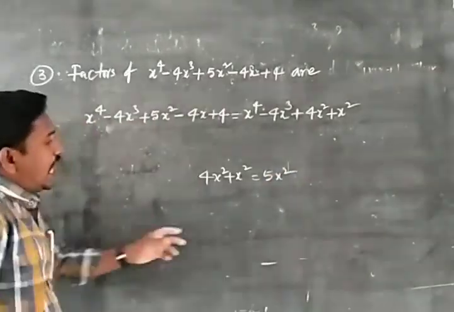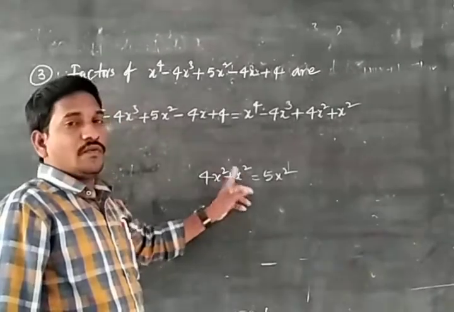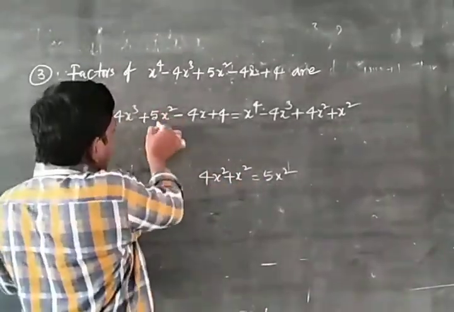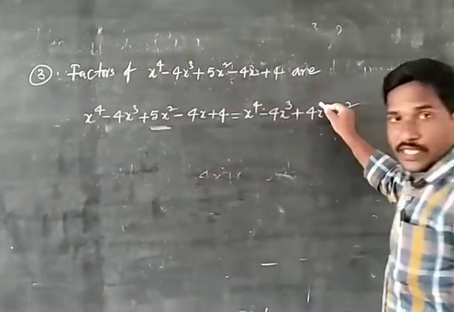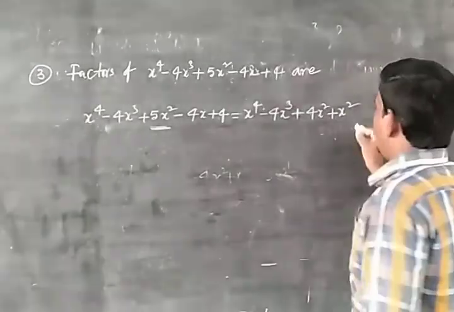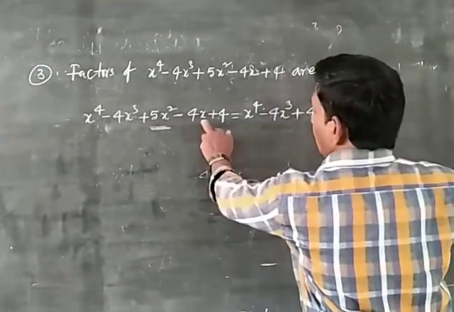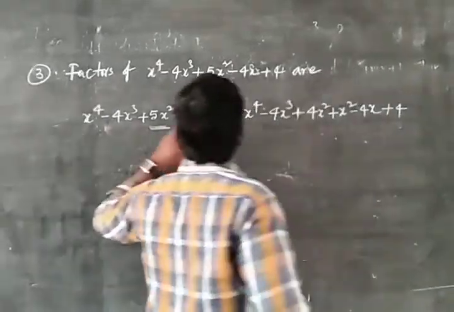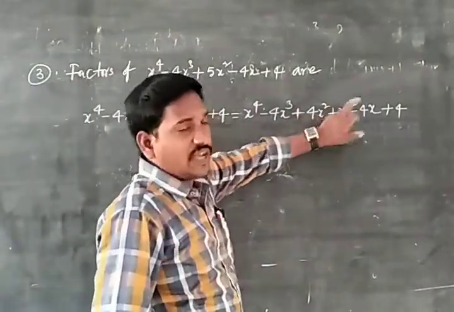Why? Because how many x squares are there here? 4. Here 1. 4 plus 1 is 5. So 5x square is written as 4x square plus x square, minus 4x plus 4.